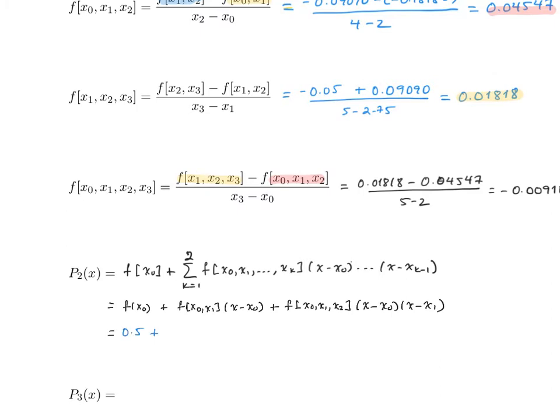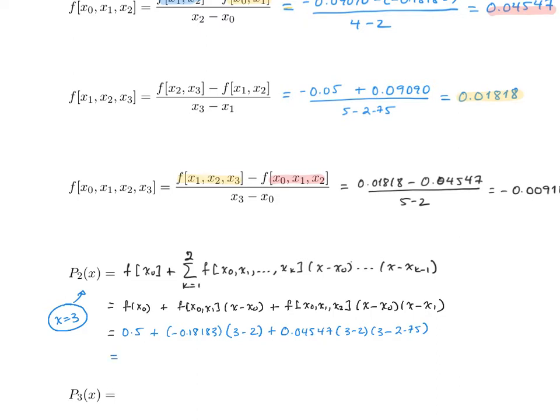0.5 plus minus 0.18183 times 3 minus 2 plus 0.04547 times 3 minus 2 times 3 minus 2.75, if here the value for x is equal to 3, which is the same value we used before.